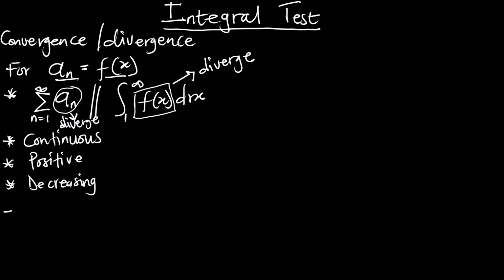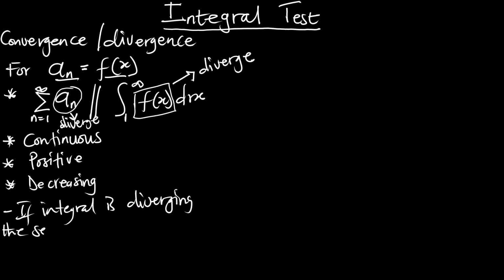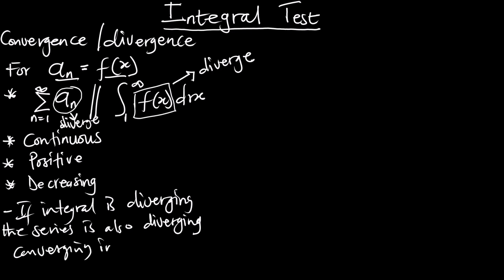So if the integral is diverging, the series is also diverging, and vice versa. A converging integral means a converging series. Very simple. So this is what we are going to use.